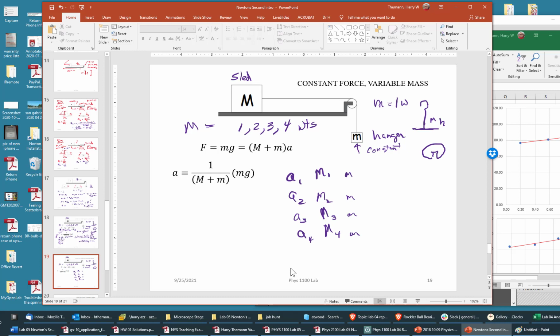So what we need is a column that is little m. So let's say this is A, capital M, little m, plus big M. And let's just get this out of the way.